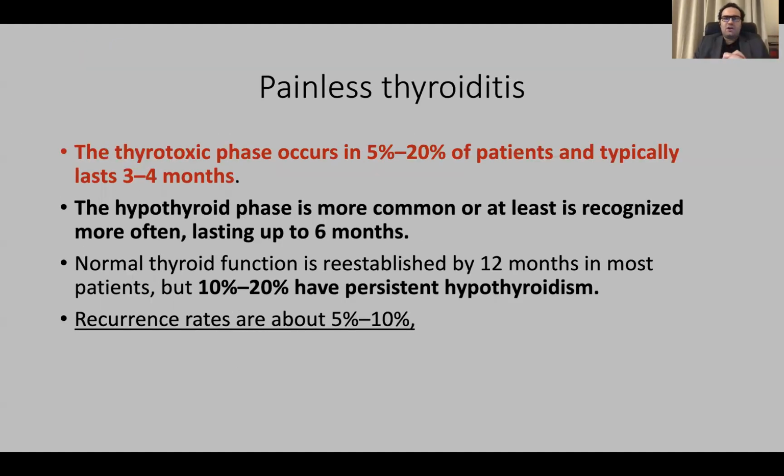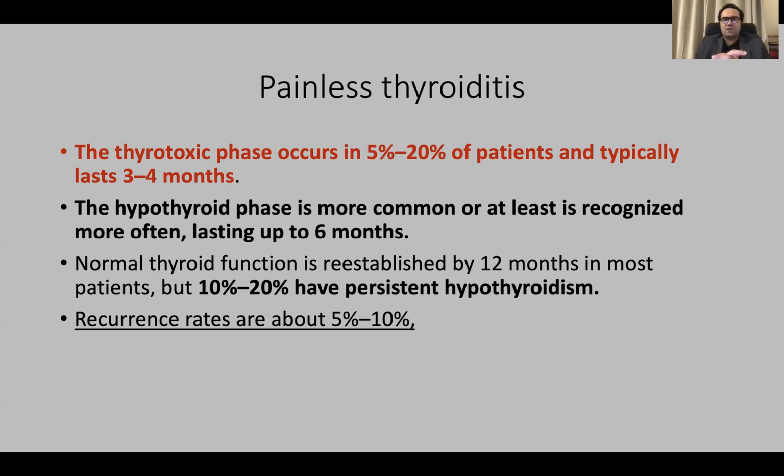Now, there is another thing called painless thyroiditis, which may be autoimmune thyroiditis, Hashimoto's thyroiditis, or it may be postpartum thyroiditis. Now, the thyrotoxic phase usually occurs in 5 to 20% of patients, and it is for around 3 months. Usually, postpartum thyroiditis जो है वो शुरू में thyrotoxic phase उसका होगा.